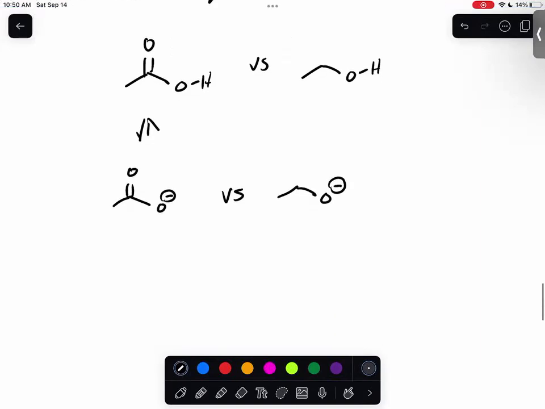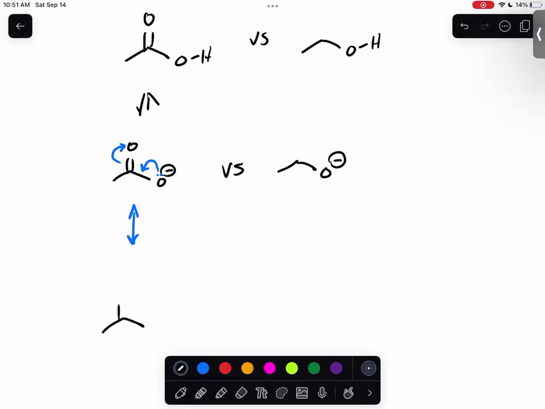But the one on the left-hand side, we can actually draw some resonance for, because this oxygen can use a lone pair to form a pi bond there, break that pi bond, kick it up to that oxygen there, and that's going to give us a negative charge onto that oxygen.